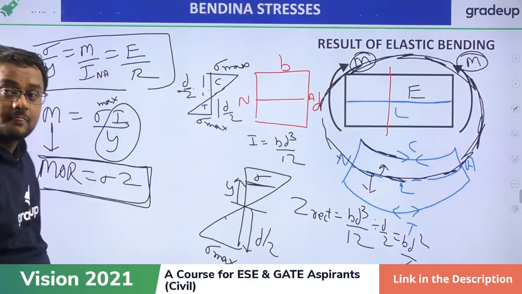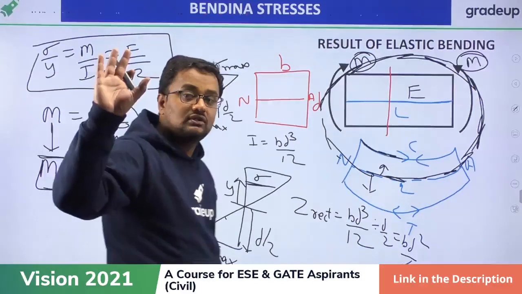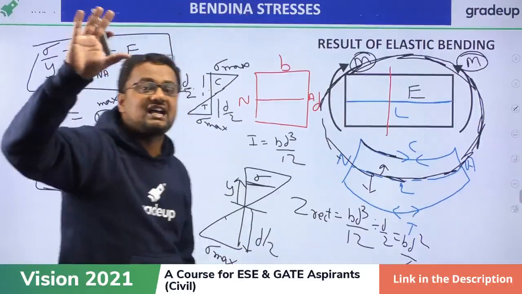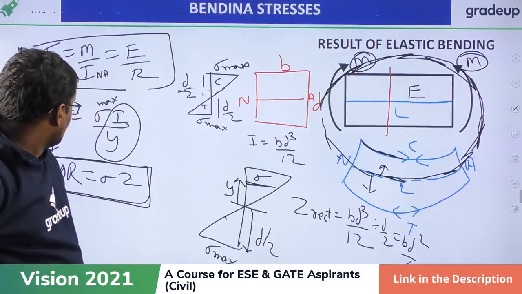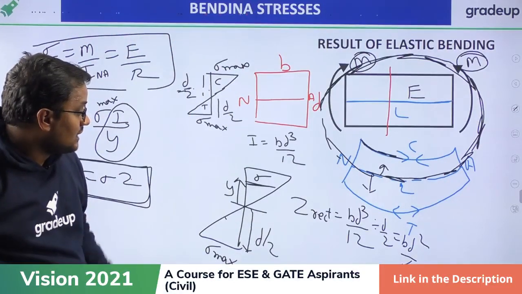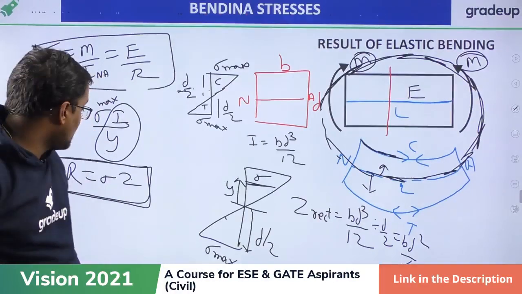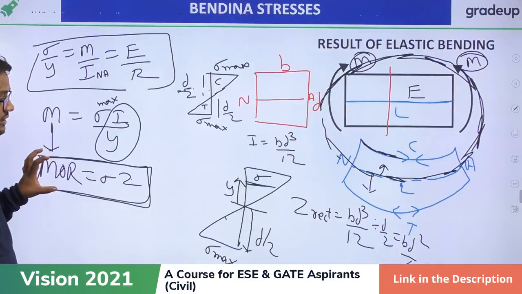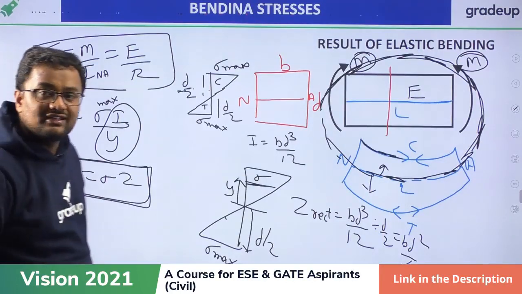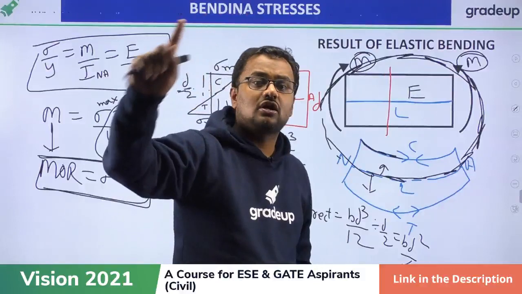Okay, my friends, I will ask you, then only write some comment. So MOR is sigma into Z. My dear friends, this is called the moment of resistance, that is the maximum that can be attained. Now once more, I am telling the concept in Hindi.